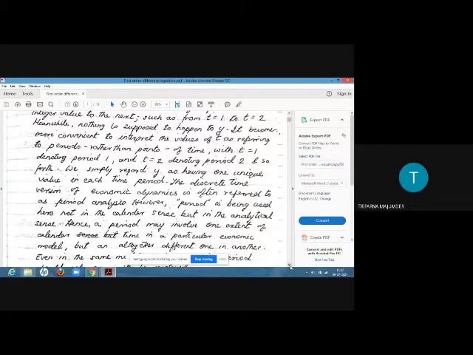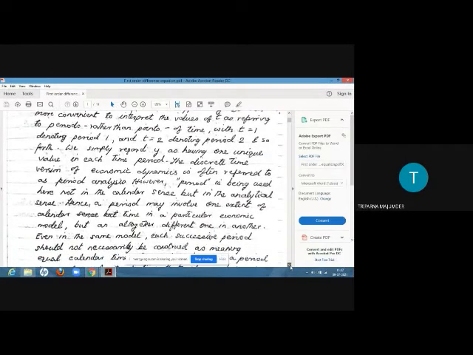The discrete time version of economic dynamics is often referred to as period analysis. However, period is being used here not in the calendar sense, but in the analytical sense.